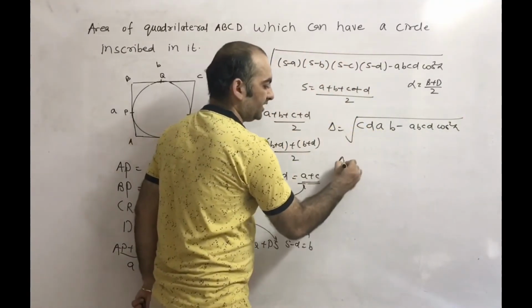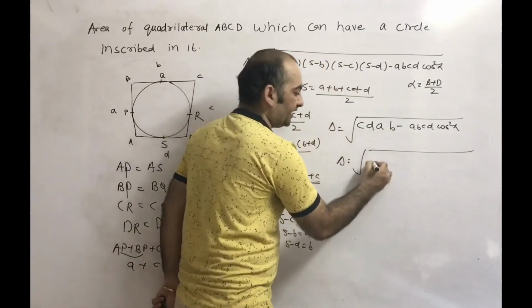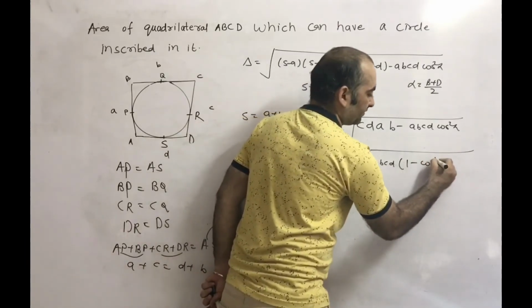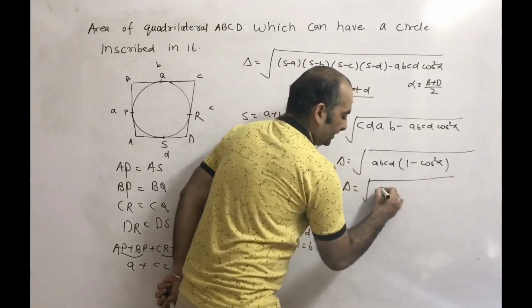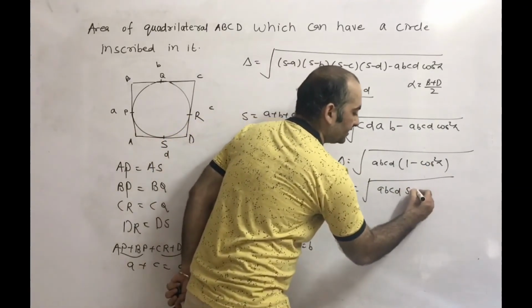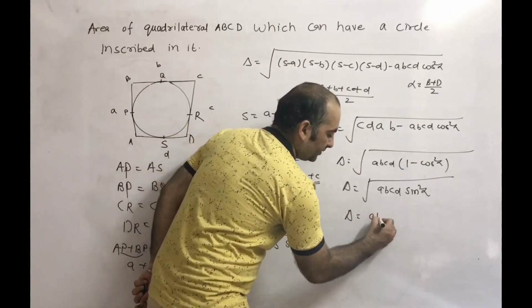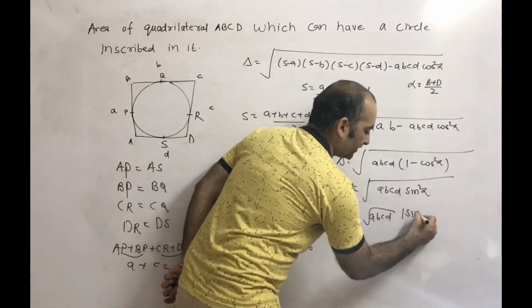So delta equals root over; from here we can take ABCD common. In the bracket, what will come? 1 minus cos square alpha. So delta equals root over ABCD times 1 minus cos square alpha, and 1 minus cos square alpha is sin square alpha. So delta equals the square root of ABCD times the modulus of sin alpha.